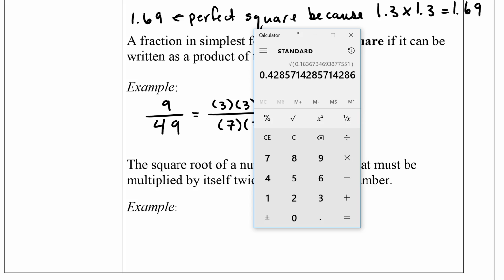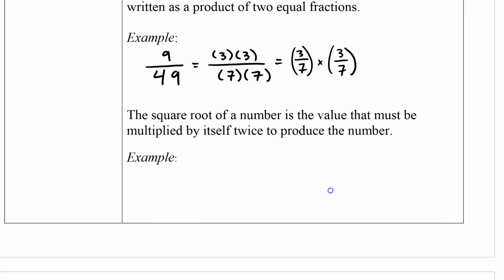Now, at first glance, it looks like a whole bunch of things, but look, 0.42857, 1.42857, 428, and this should be 5 because the 7 would make it round, so it doesn't go infinite. So since it can be written as a fraction, that means that it is a perfect square.